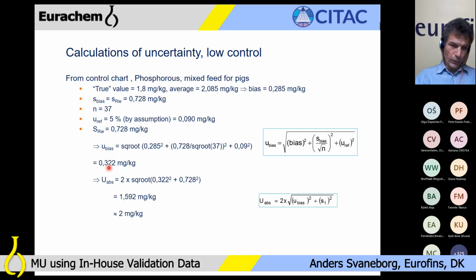And the expanded uncertainty then comes from multiplying this. Sorry, we have to combine first, of course, the two components giving contributions to the uncertainty, and we have the absolute expanded uncertainty of 1.592 using this formula, and we round that to 2 milligram per kilo.